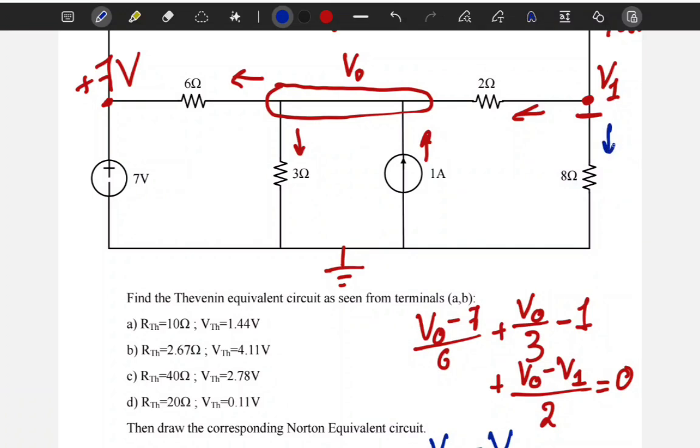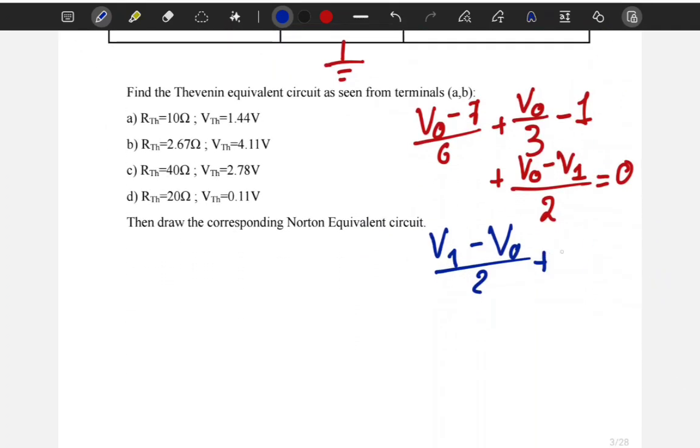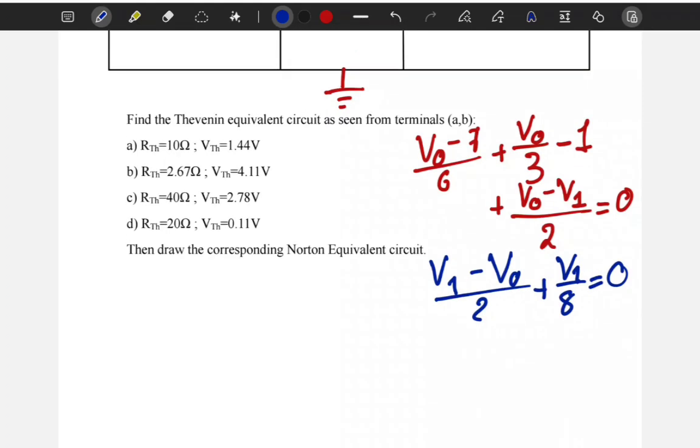And then finally I have this current down, which is V1 over 8. So plus V1 over 8 is equal to 0. So these are two equations, two unknowns in terms of V0 and V1. You can solve them, and we get some values, V0 and V1, numbers from the calculator, obviously.